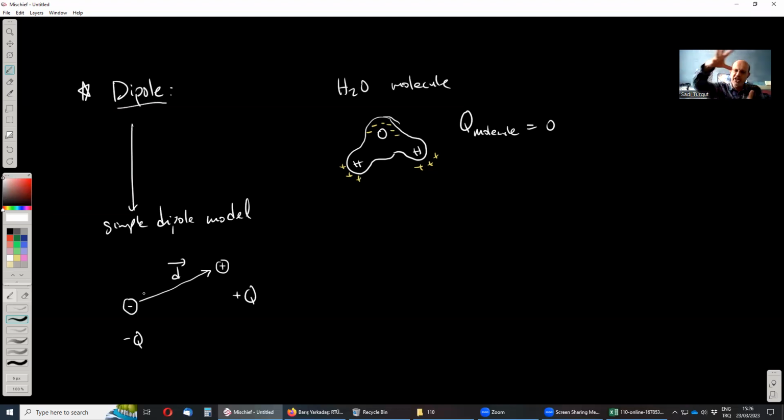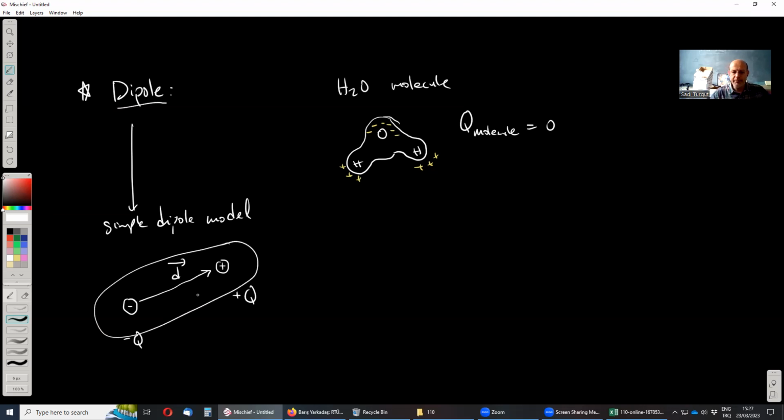A molecule can change its orientation, but it doesn't change its shape. I mean, we are assuming that the shape of the molecule doesn't change, right? It just rotates. In reality, of course, the oxygen-hydrogen bond length also changes. There are some vibrations and things like that. But let's just ignore this. Think of this as a rigid body. So this dipole is also some kind of a rigid body here.